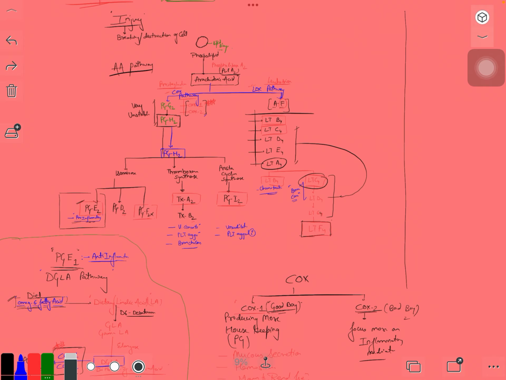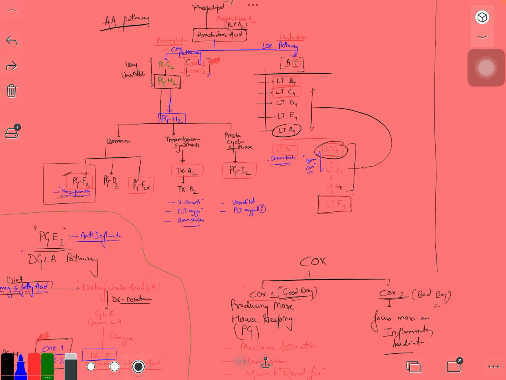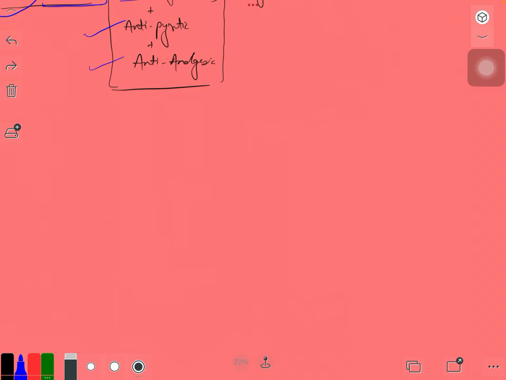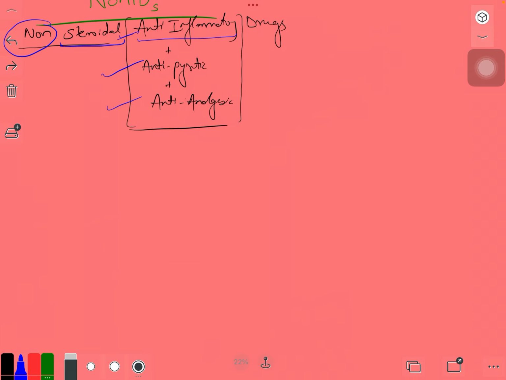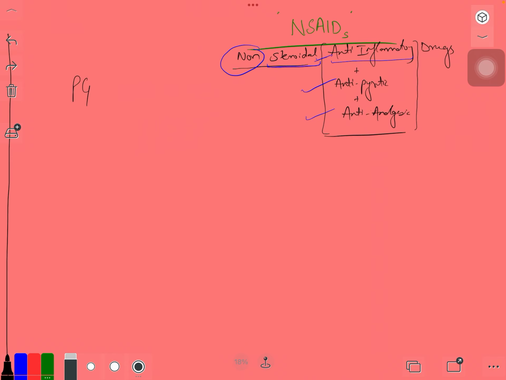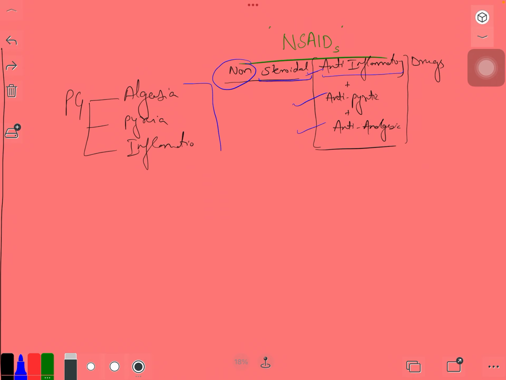Then it was causing the sensitization of the nerve, which was causing the pain, giving us algesia. So our prostaglandins were giving us three main things: algesia, pyrexia, and inflammation. And to tackle all these three things, we gave the patients NSAIDs.